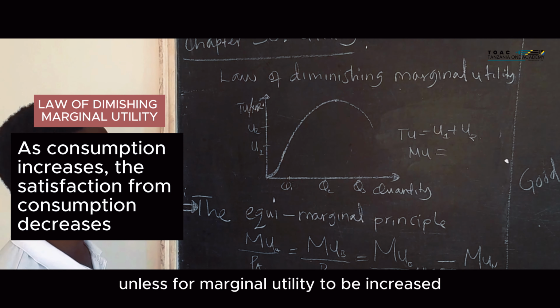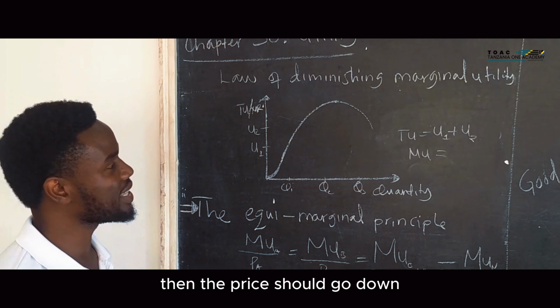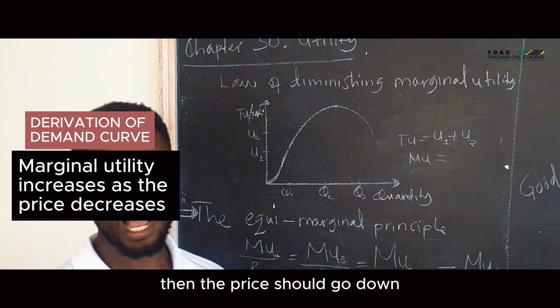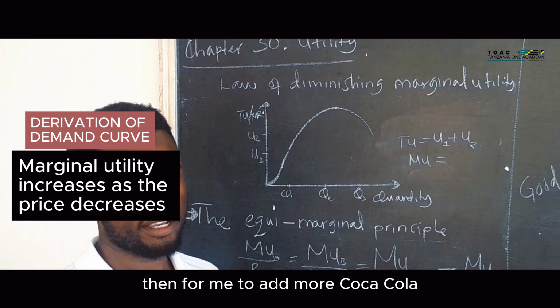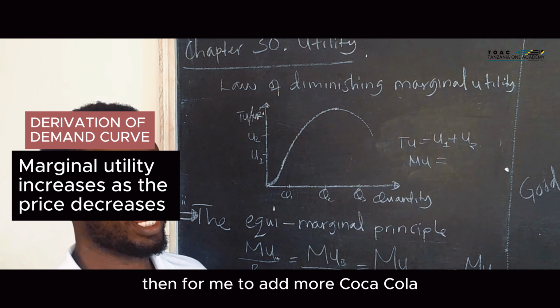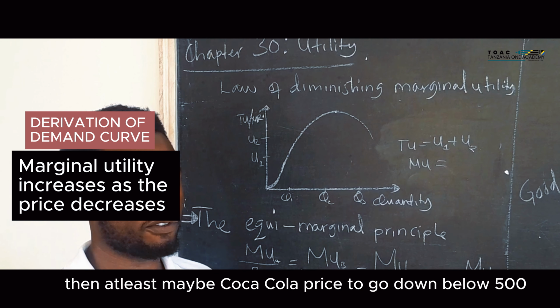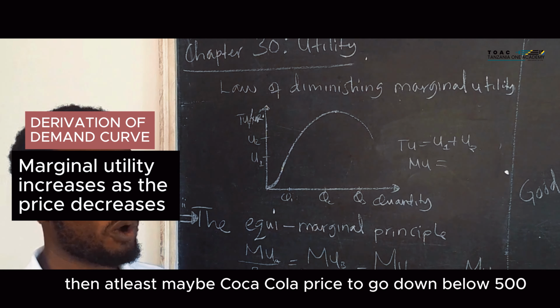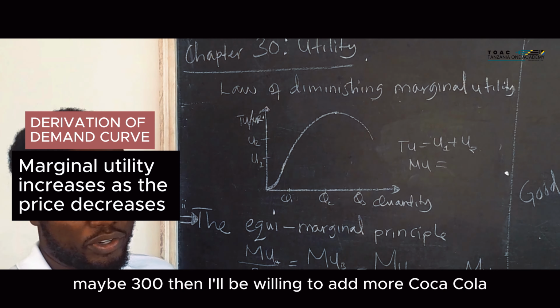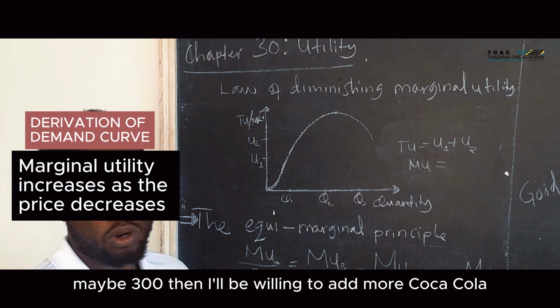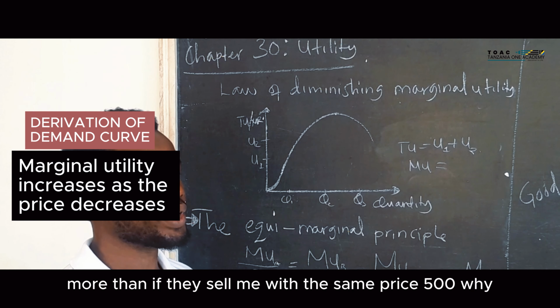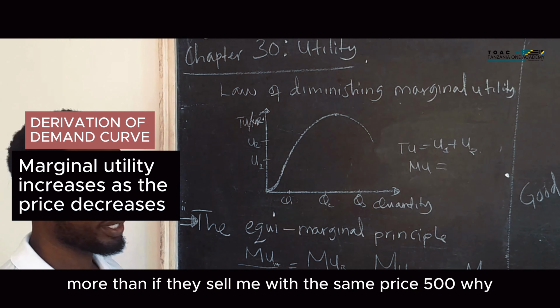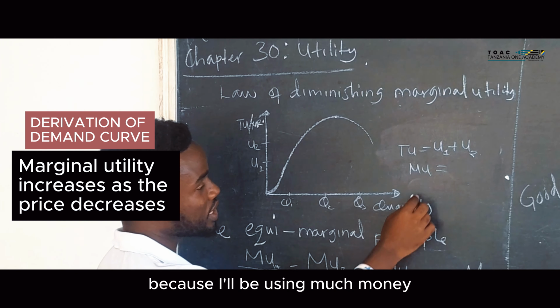For marginal utility to increase, the price should go down. If the price for the Coca-Cola is 500, then for me to buy more, the price would have to go down below 500, maybe to 300, and then I'll be willing to add more Coca-Cola and I'll be more satisfied than if they sell it to me at the same price of 500. Why? Because I'll be using much money.